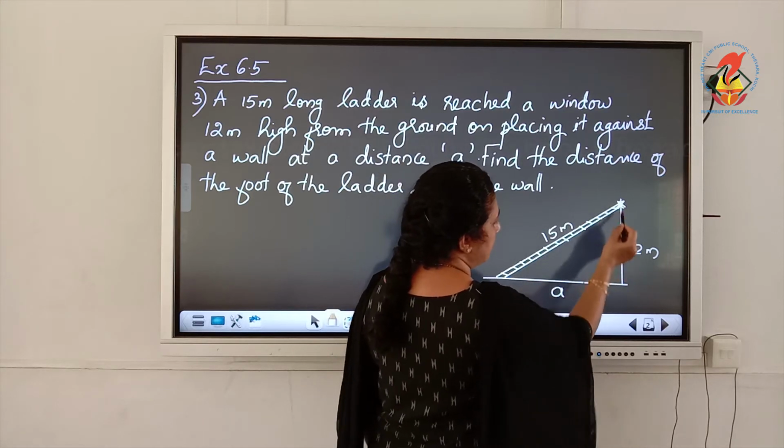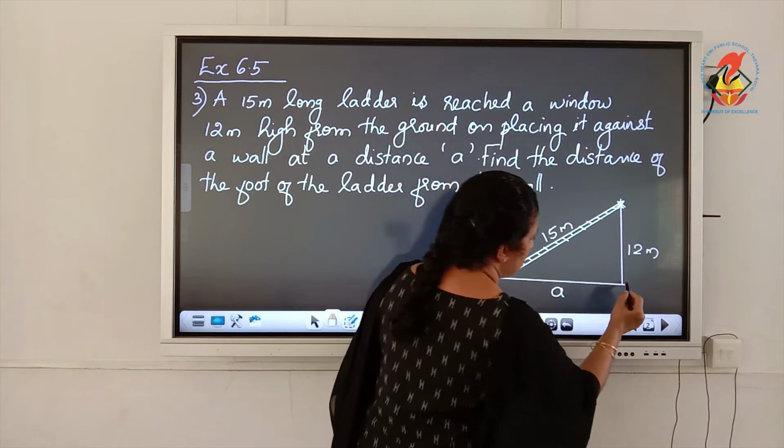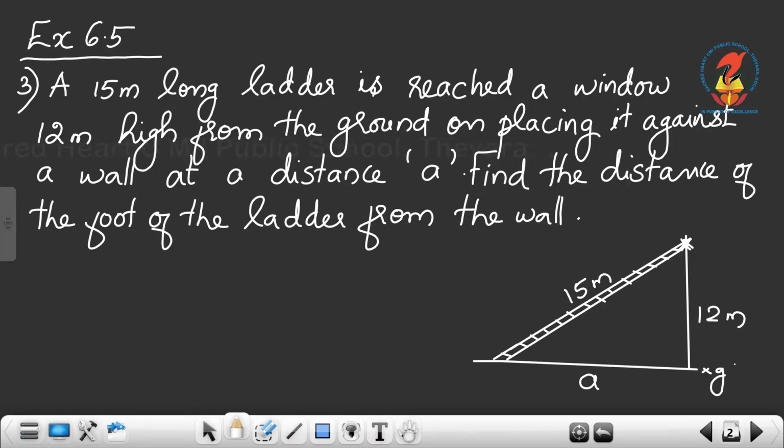Here the window is here, and the window is 12 meters high from the ground. So this line represents the ground.